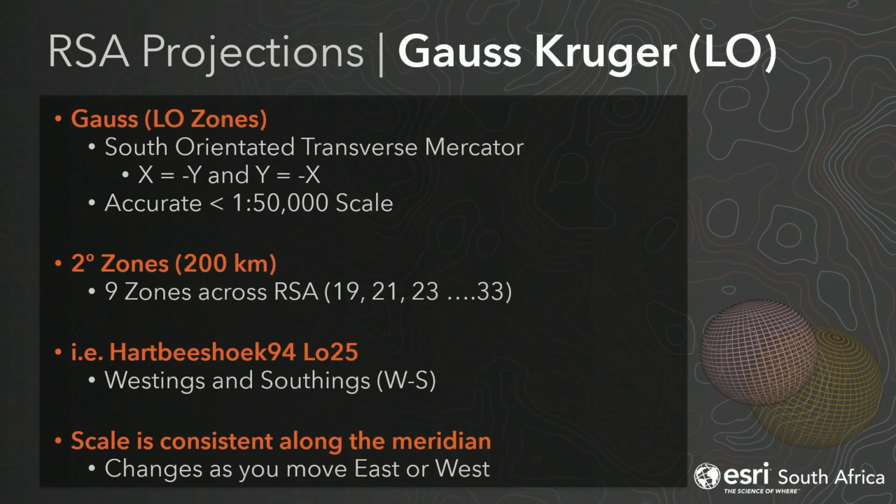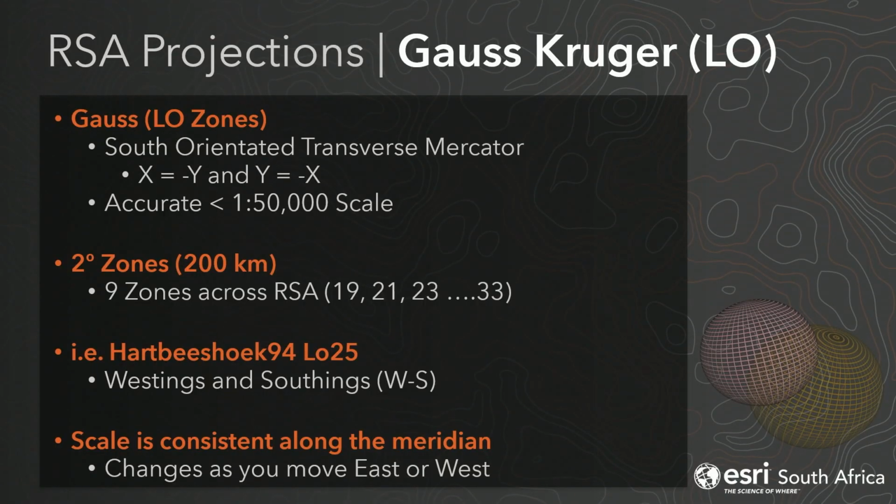If we start with a term you're going to hear a lot of, Lo. It's called the Gauss-Kruger projection, and if we go into the details, it's a south-orientated transverse Mercator. So it's an application of the transverse Mercator where they've swapped the x and the y axis, and they've also negated them. So they've multiplied them both by -1.